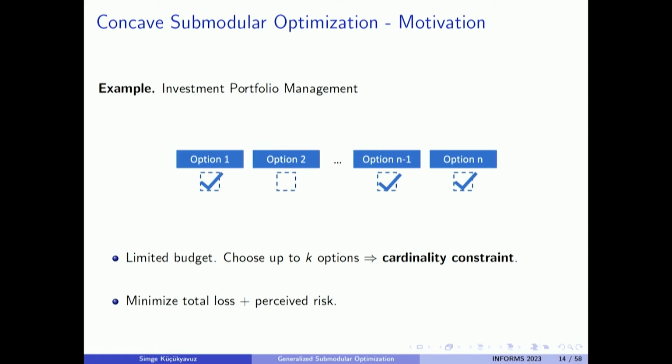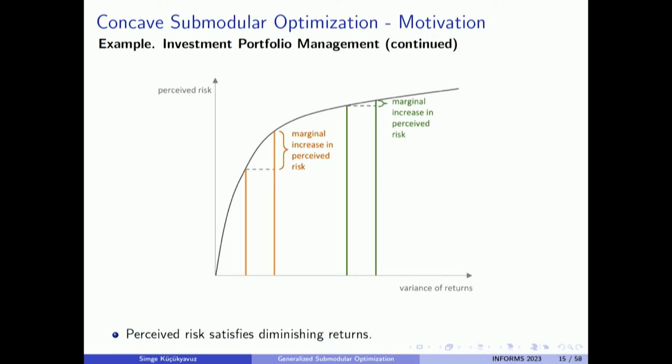Say we want to select K options, so that's the cardinality constraint, and then we're minimizing the total loss plus perceived risk. Here, if you measure the risk ignoring correlations and look only at the variances of the options, which is the part that is unrealistic, but I'll address that later, then this is exactly in the form that I want. It is a concave function composed with a summation, the concave being the square root function, and the variances provide the ai that I need.